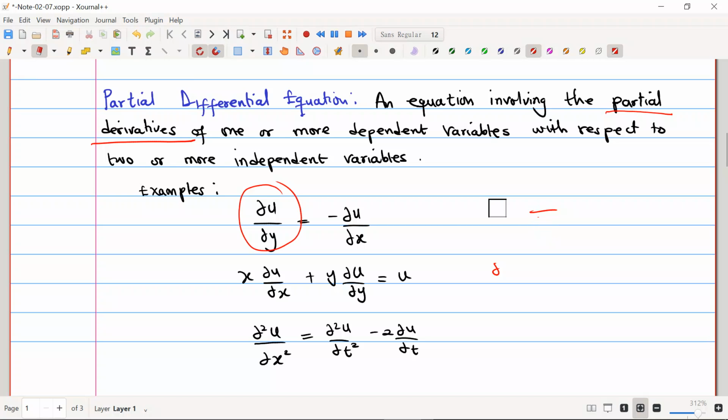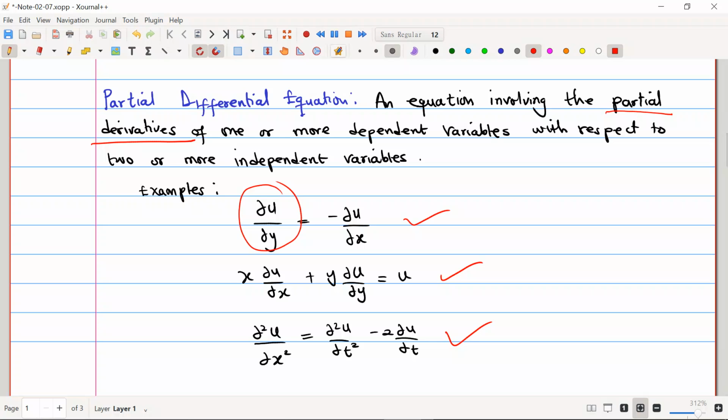So these are what we call partial derivatives, and we have this example as well. Just like I said, the difference between ordinary and partial differential equations is that in partial differential equations you have partial derivatives happening, while in ordinary differential equations you have the normal derivatives that you know.